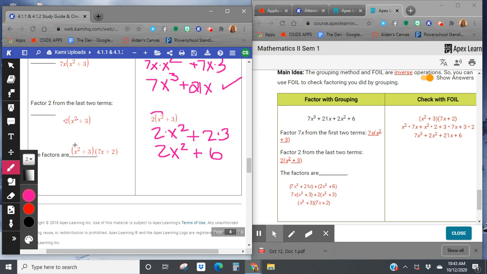Finally, if I FOIL this, here times here, outer, inner, last.